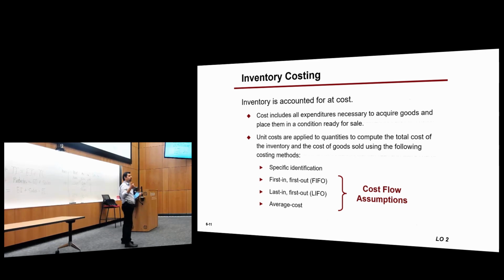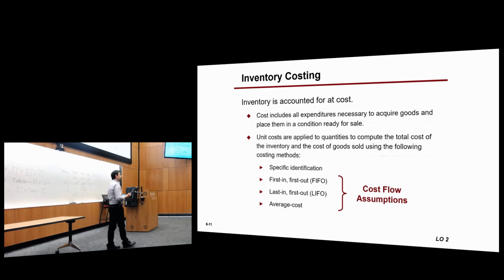They have the FIFO, first in, first out. Usually companies try to sell their oldest products first to get rid of them, because the longer it stays in your warehouse, the higher the likelihood that these products will be damaged or something like that. So they try to get rid of them first. So you have first in, first out.